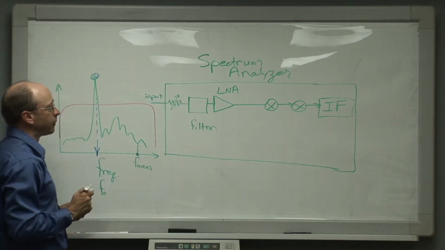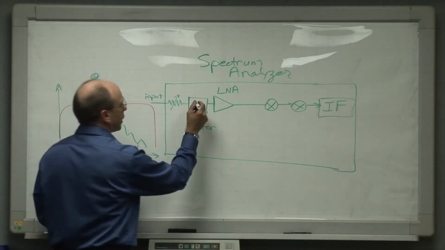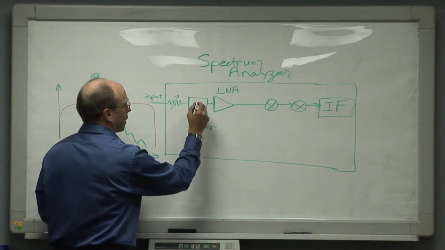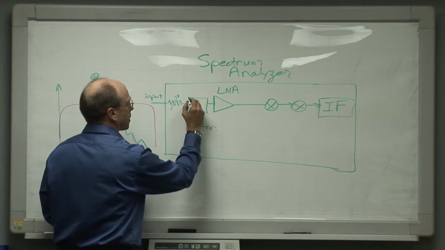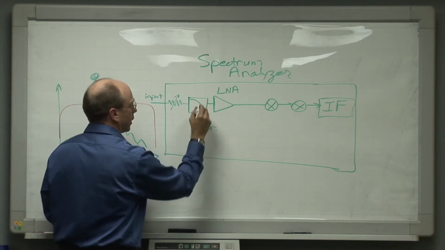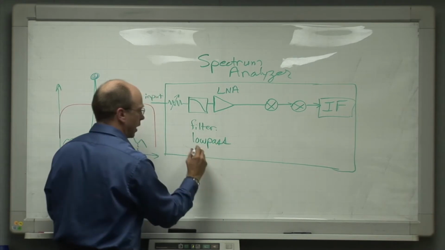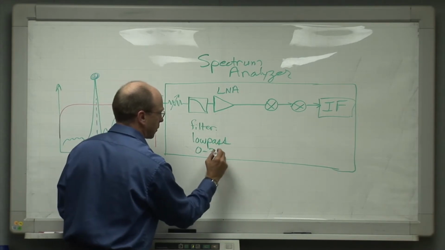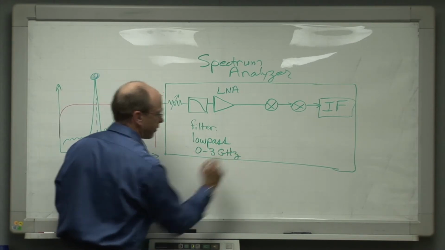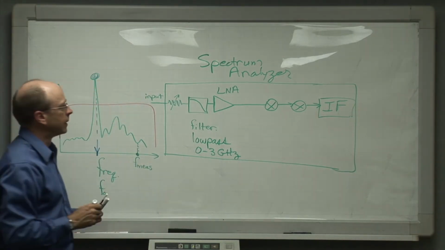Now, unfortunately, in a lot of designs, at lower frequencies, this filter is a low-pass filter, which in a lot of designs, for example, is a low-pass that passes energy all the way from 0 to 3,000 megahertz.